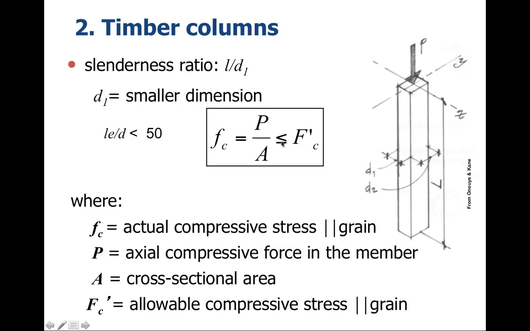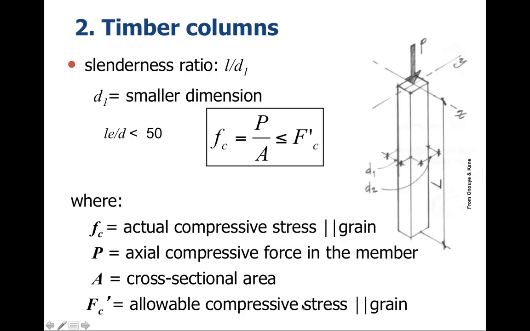over A, and it has to be less than or equal to the F sub C, which is allowable compressive stress parallel to grain. One of the things about wood is that it has a much higher crushing strength parallel to grain than perpendicular to grain.